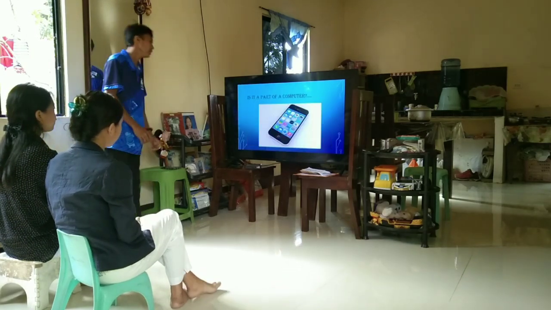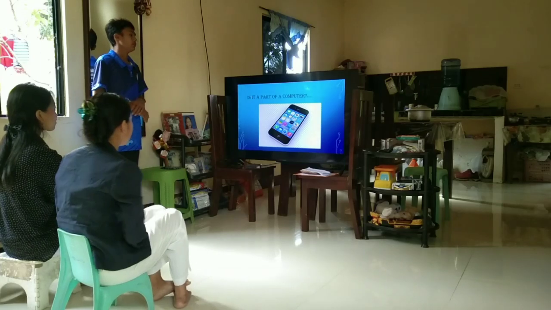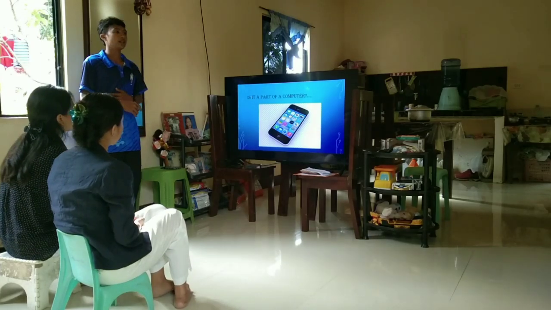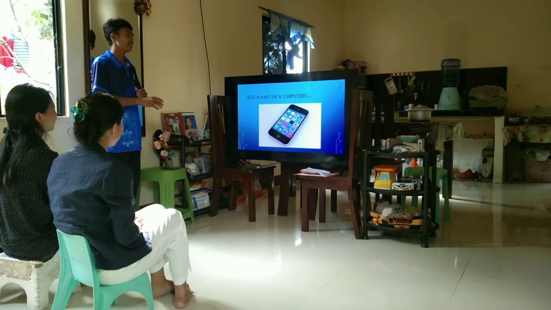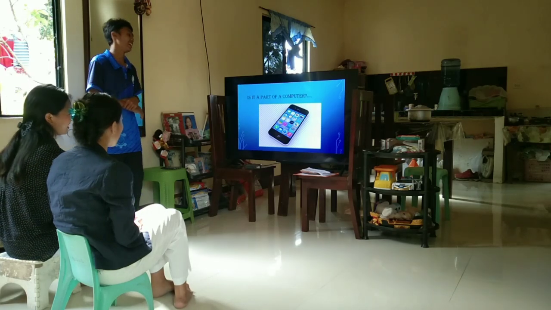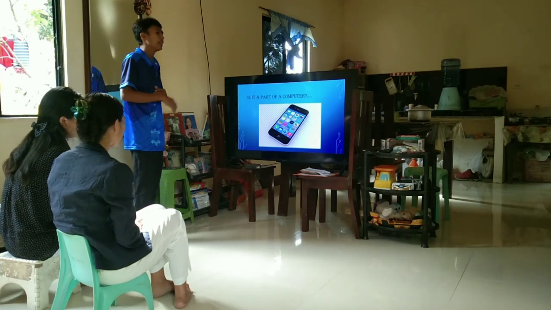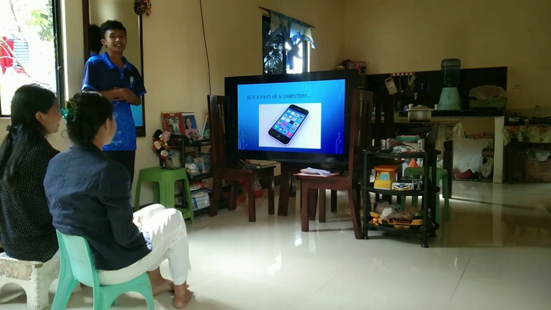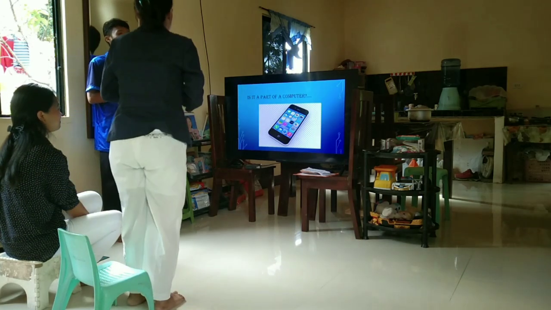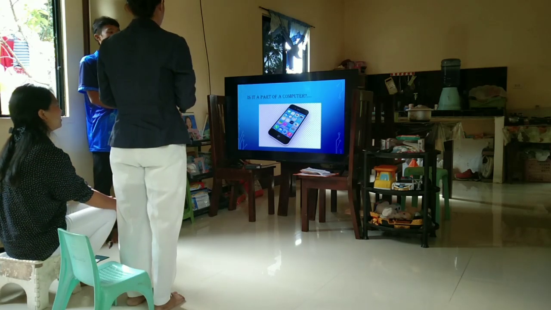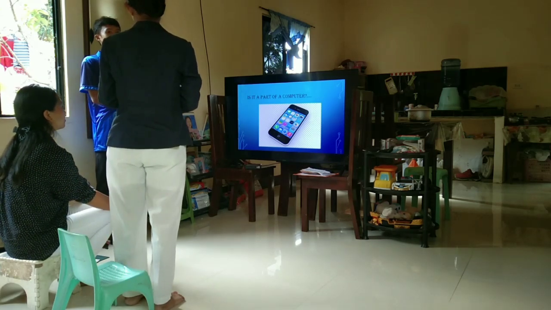So the first picture is a cell phone. Do you think a cell phone is a basic part of a computer? No. Okay. But do you believe that a cell phone is a computer? Yes. Why so, Miss Kyla? It is because it is a technology device that uses internet.